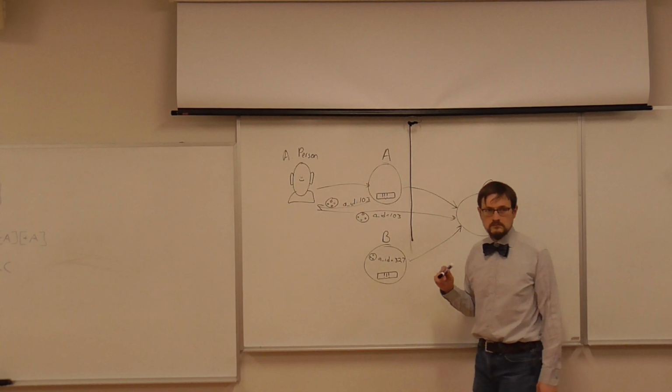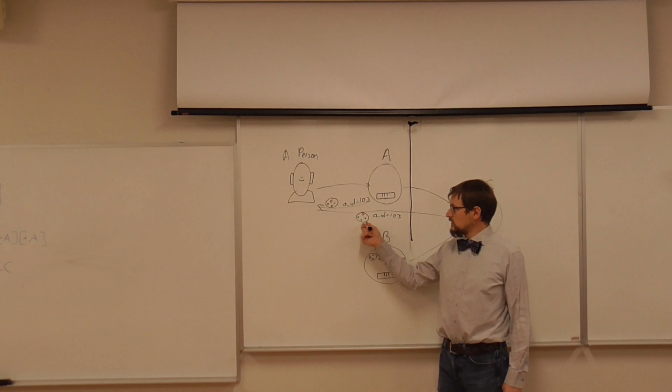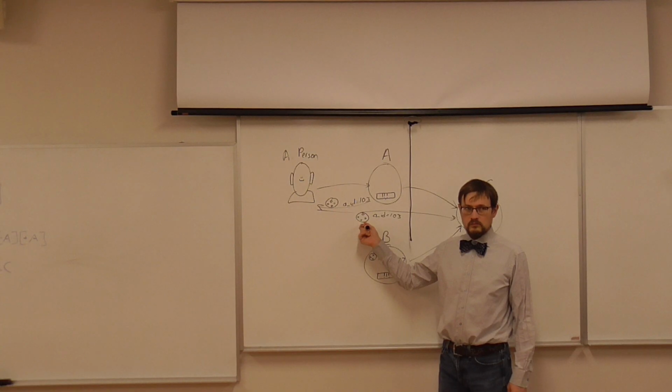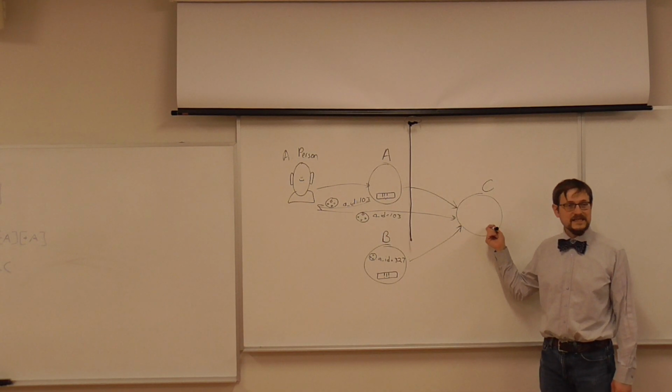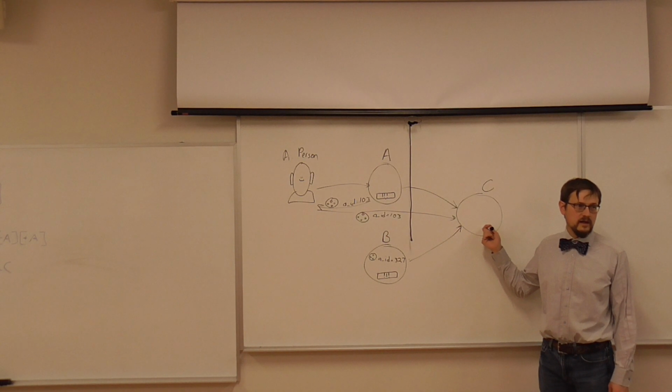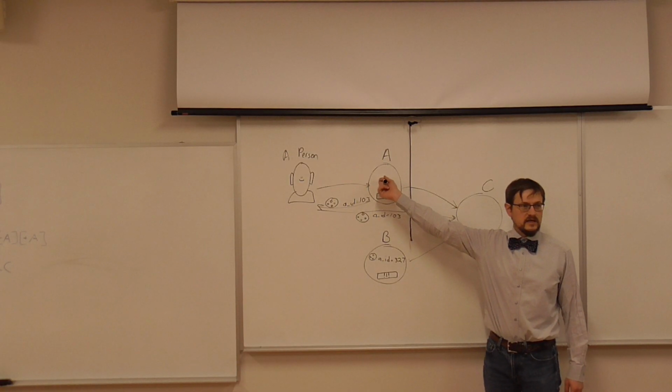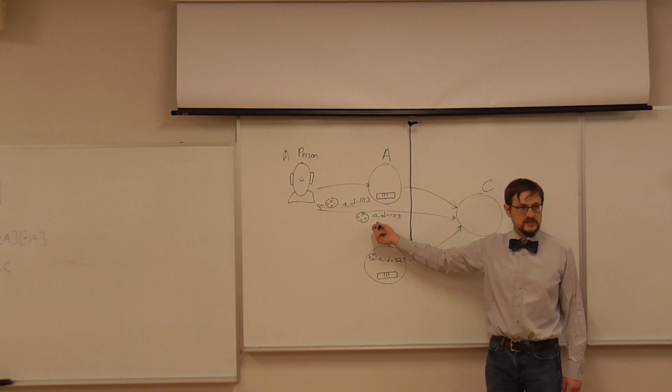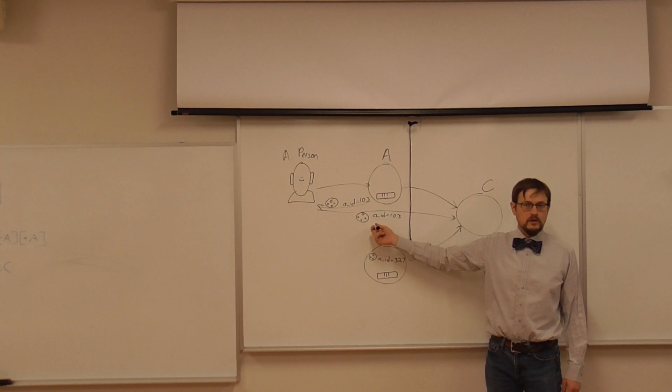So the problem, this is a cookie being sent to domain c.com, right? But it did not originate in c.com. It originated in a.com, right? So this is a special type of cookie called, dun dun dun, a third-party cookie, right?